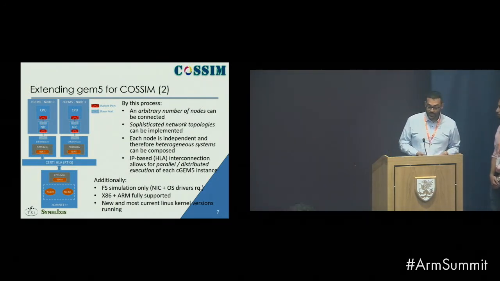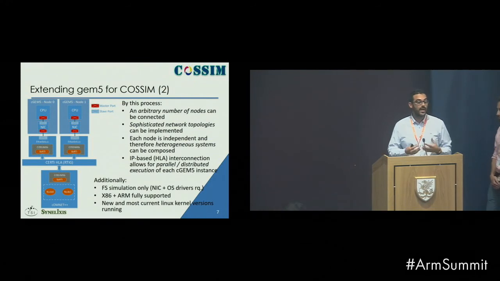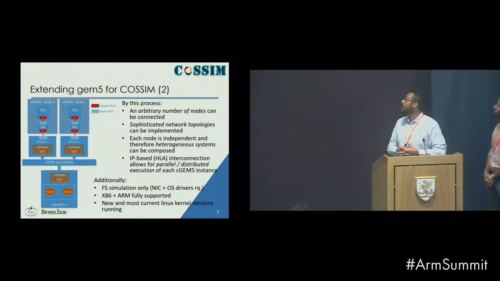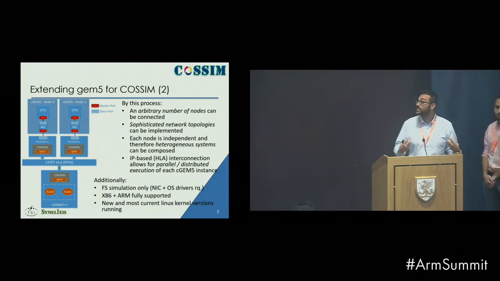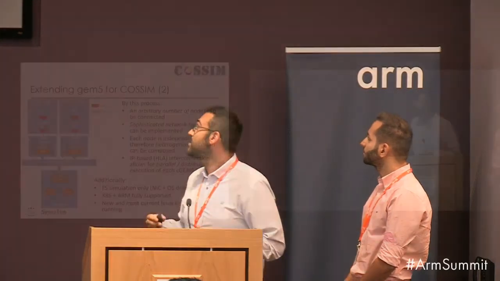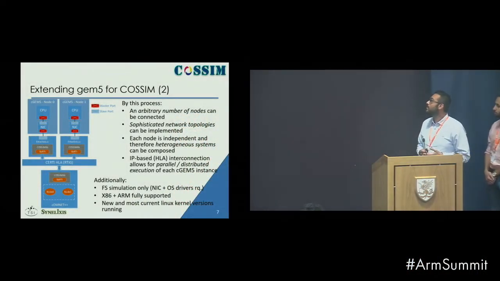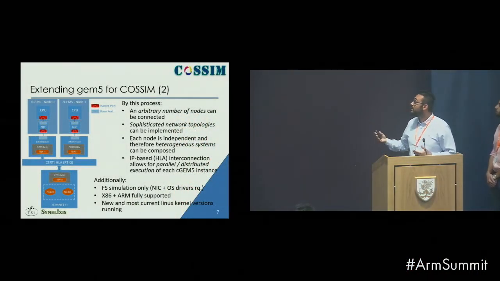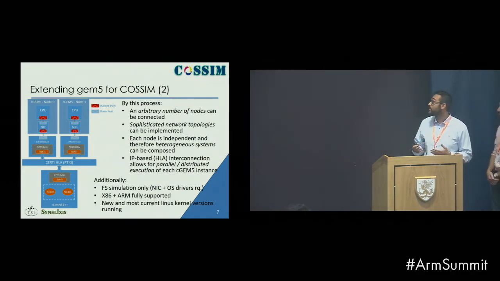And last but not least, by using the high-level architecture, the communication between each GEM5, therefore each system, is IP-based, and therefore the whole simulation process is distributed. You can either have parallel execution in a multi-core machine, or you can distribute it across a number of machines wherever you want.